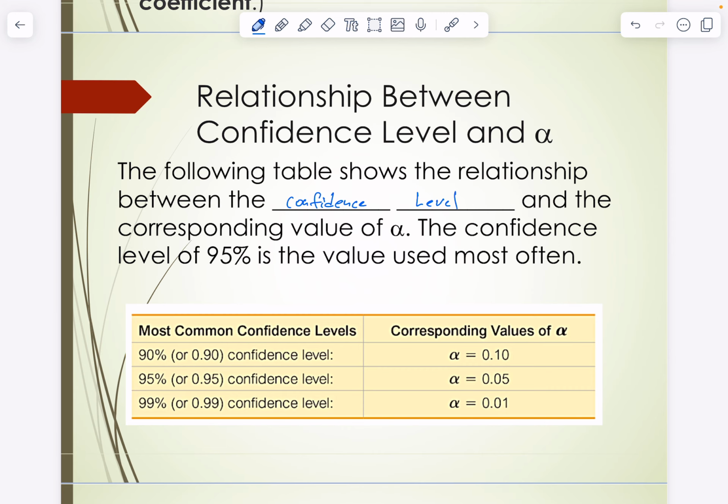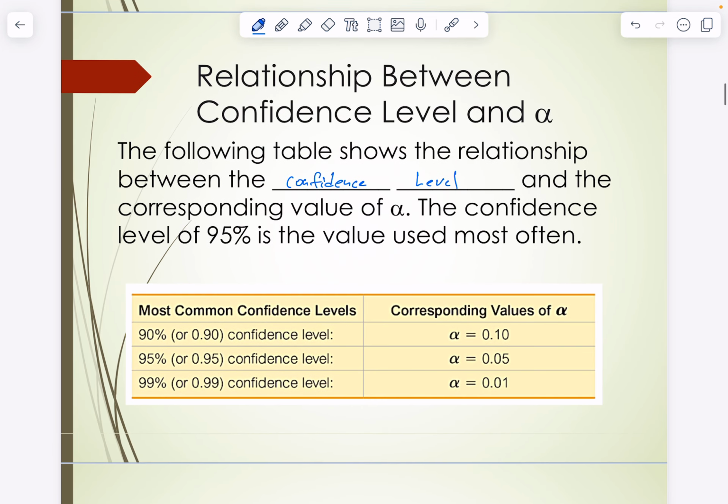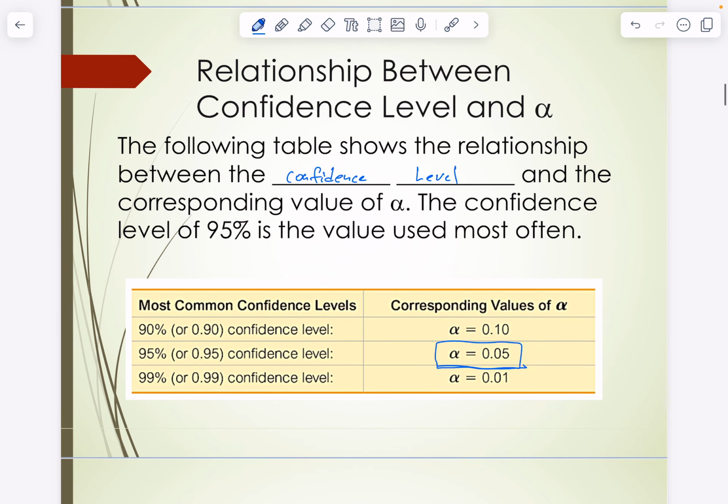The confidence level of 95% is the value used most often. Notice that corresponds with alpha equals 0.05, which comes from our usual definition of significance.